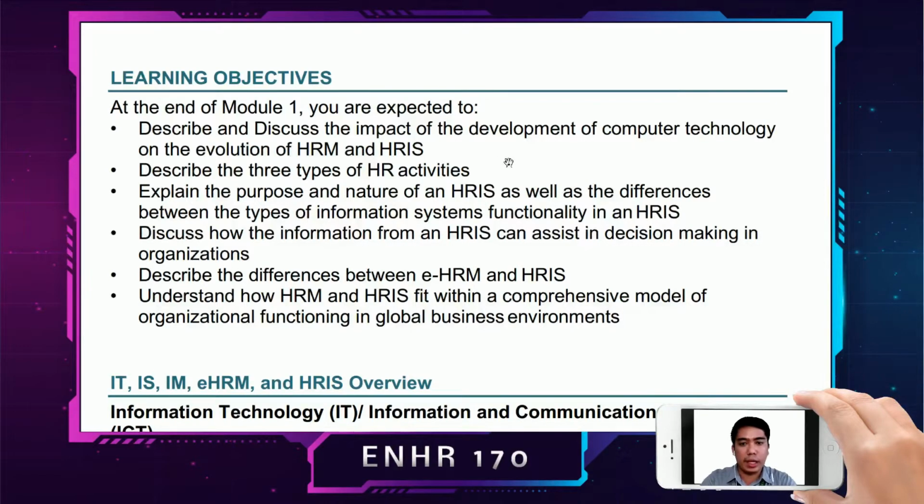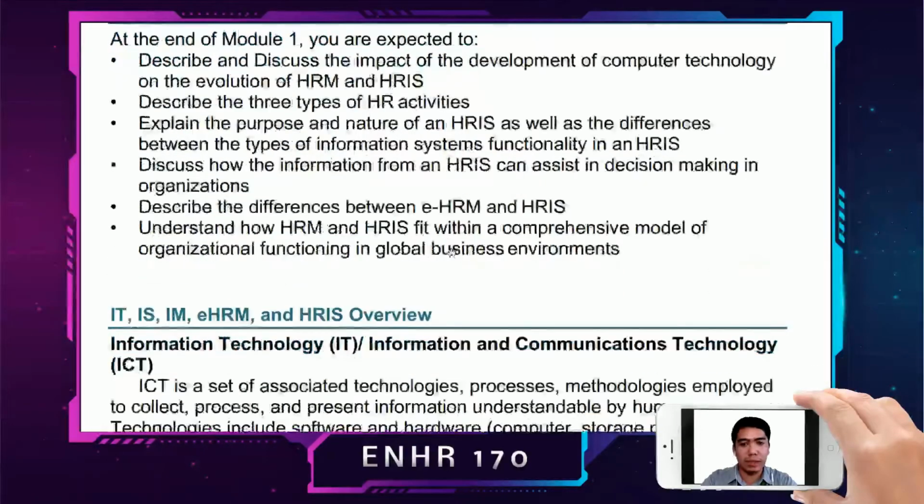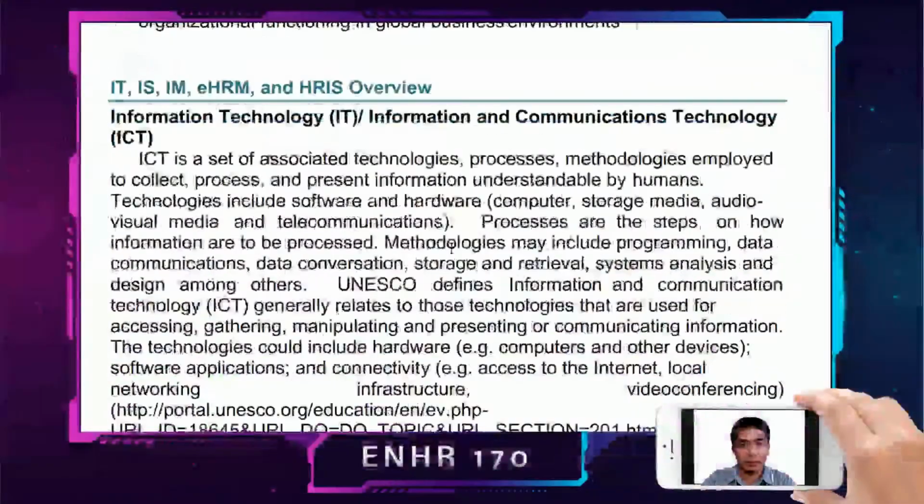So we will be describing also the three types of different activities and the other objectives here are also written. I hope you were able to read already this handout that I gave you 2 weeks ago. I think this is 2 weeks ago pa eh. So matagal na. Pasensya na kayo, there are a lot of activities being conducted here in the college also.